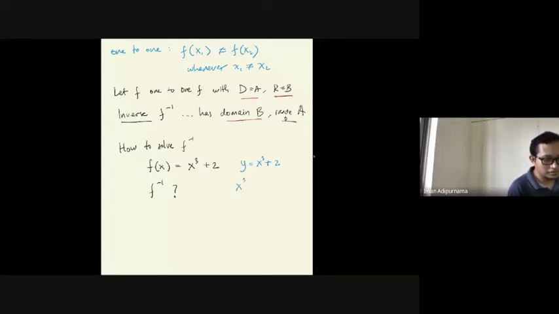So x cubed is y minus 2, right? And then x is the cube root of that, right? Remember that the domain is A and the range is B at the beginning, and then we switch, right? So we need to switch this x into y, and this y into x. So this is the f inverse.